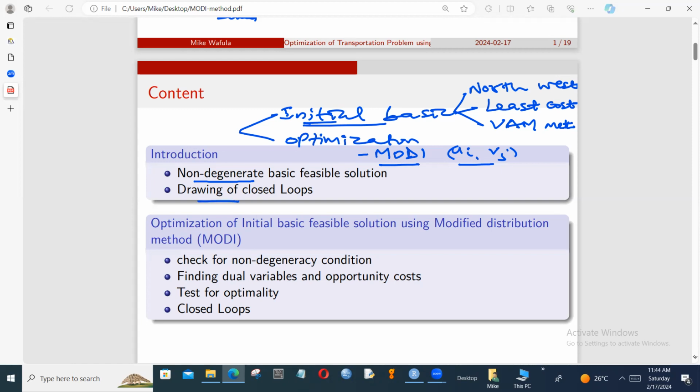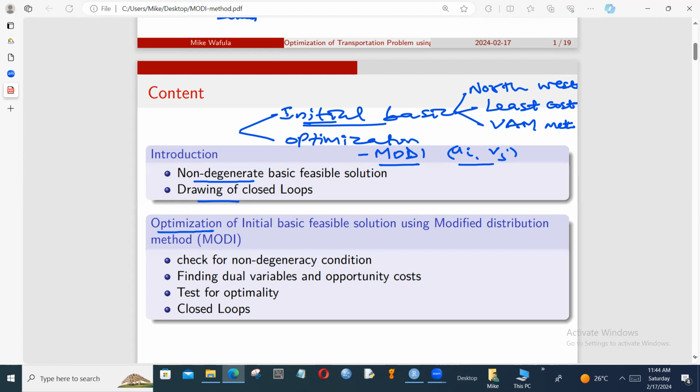The next one is drawing loops, because we shall be drawing several loops in this particular technique. So we want to look at these first, so that once you have mastered how to draw a closed loop in the context of transportation problem, we shall be able to go to the technique itself.